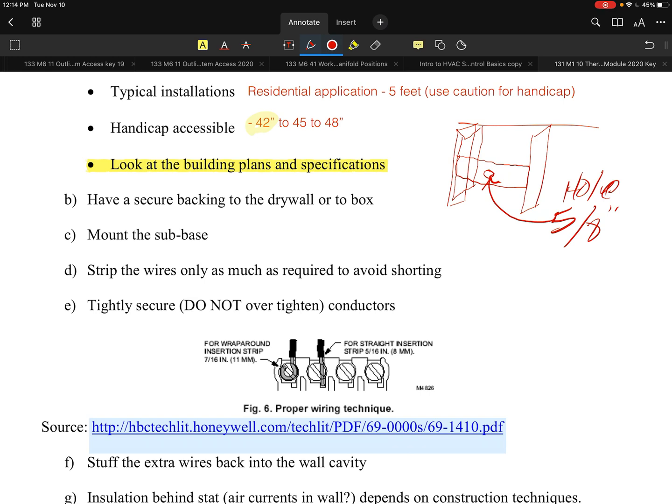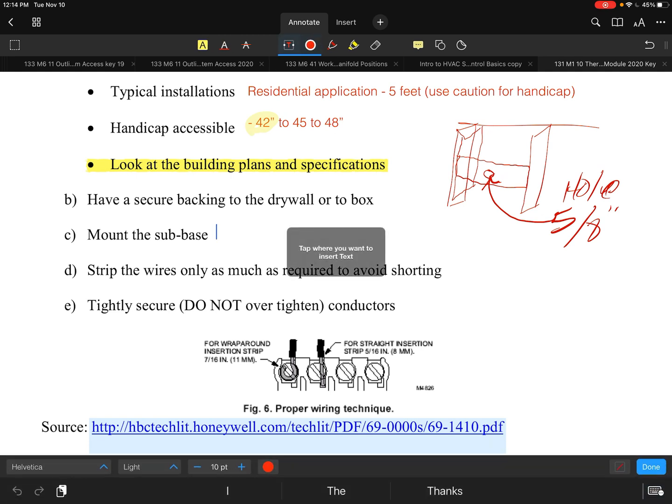So, mounting the sub base. In some cases, when you are mounting a sub base, and I'm going to put a little note in here, one of the things we oftentimes will do with sub bases is watch, as some allow for a 2x4 handy box installation.